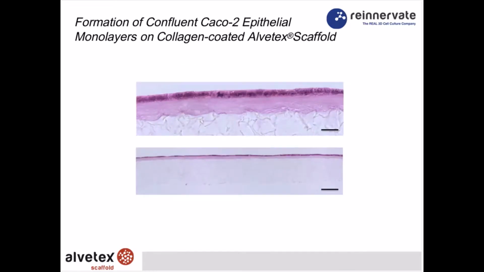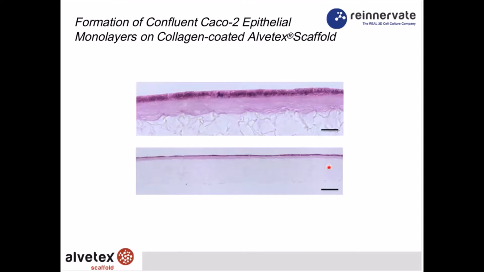We can then, on the surface of the collagen, seed the epithelial cells of interest. And these are CACO2 cells. This is a cell line from the colon, and you can see a very nice monolayer of cells all the way across the material. So you can see the cells on the top, you can see that gel, and you can see the empty scaffold beneath.